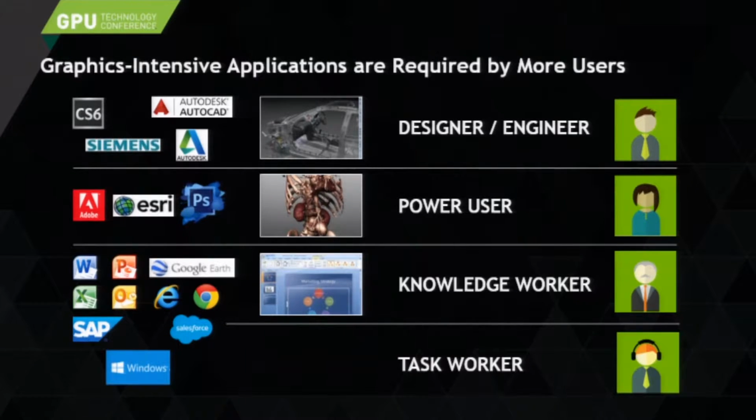The demand has been there for quite a long time. NVIDIA has typically been positioned to serve the designers and engineers with their applications such as Autodesk, AutoCAD, also Dassault CATIA or Siemens NX, but also going from the very top, moving down to the power users that use the data that the engineers create.